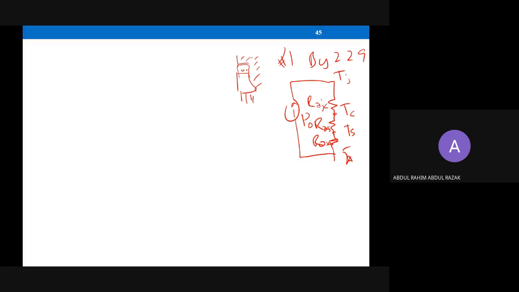You have a heatsink here, and in between the heatsink and your metal tab there will be what is called thermal paste or thermal pad, which is used to attach your heatsink firmly to the metal tab.